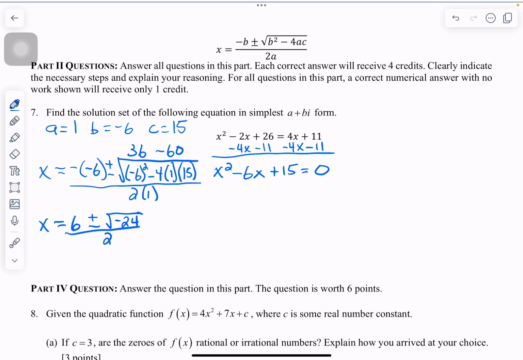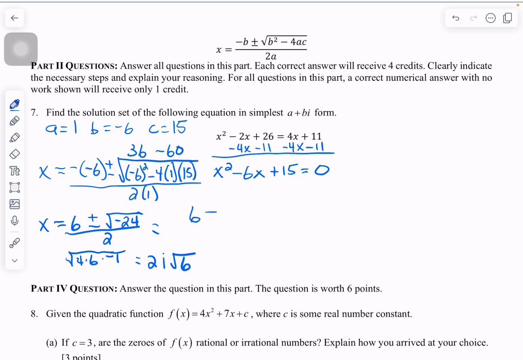all over 2. Okay, now we have to simplify the square root of negative 24. It becomes 4 times 6 is 24 times negative 1. All right, the square root of 4 can come outside, so that's 2, right? The square root of negative 1 comes outside, that's i, and then the square root of 6 is left inside.